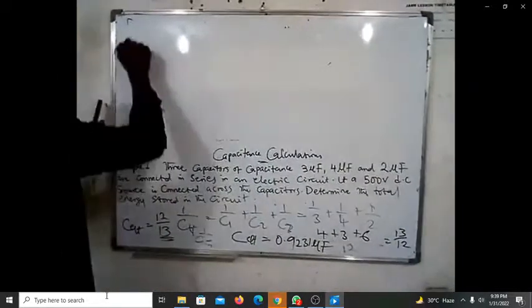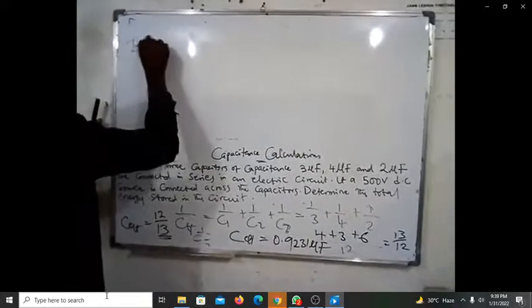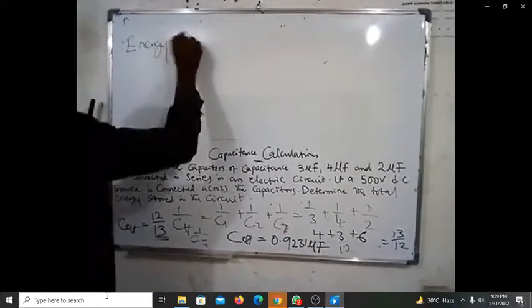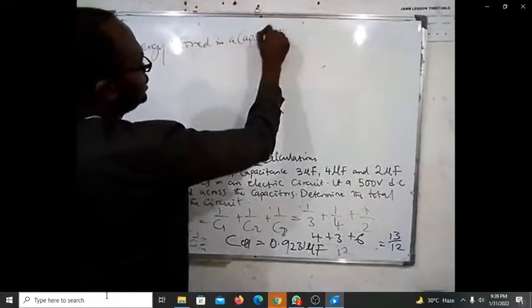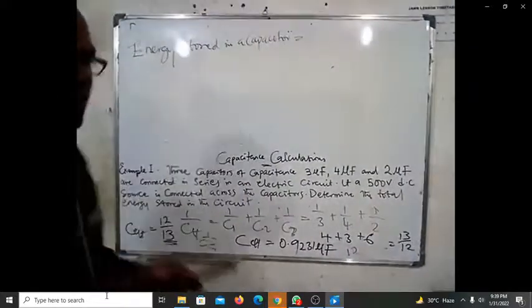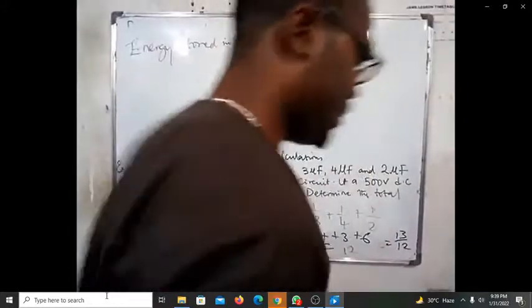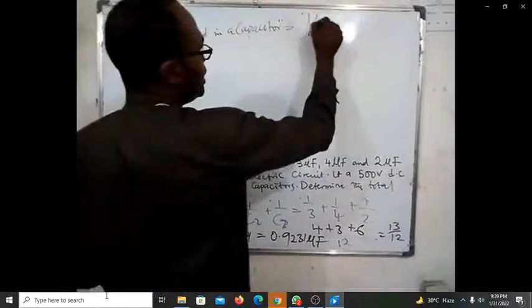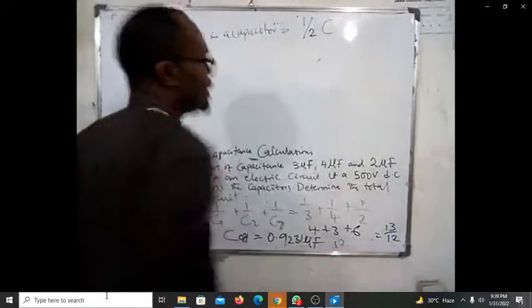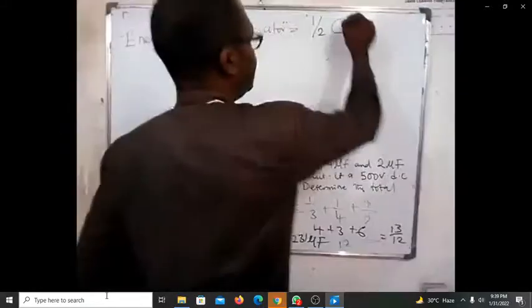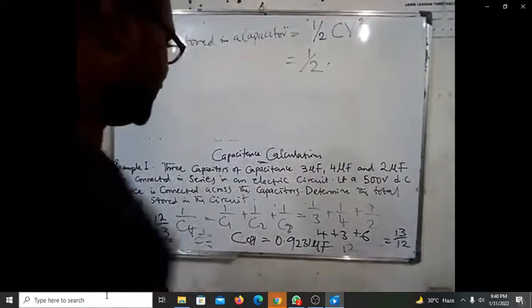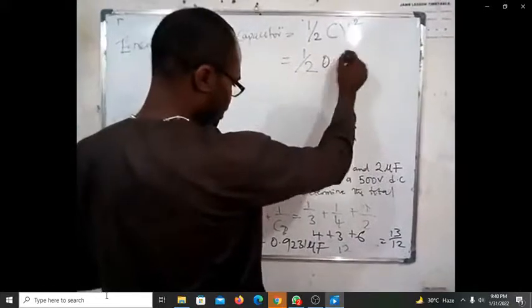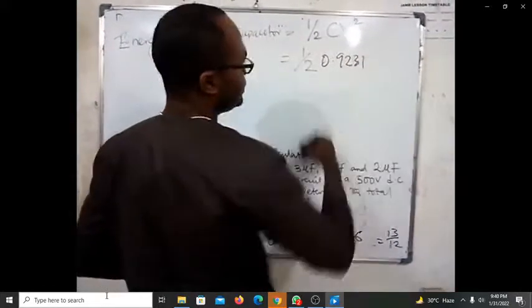And what is the value of the energy stored? Check the equation I gave you before. What is the formula for calculating the energy stored in a capacitor? I told us that is equal to half CV squared. So it's simply equal to half C, where C is the value of the effective capacitance, 0.9231 microfarad.